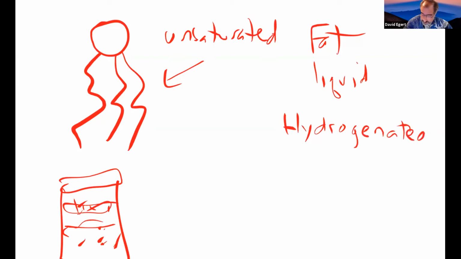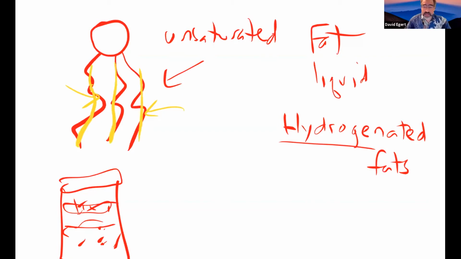So hydrogenated fats, that means slapping hydrogen groups onto the tails. So adding in extra hydrogens, so that is going to straighten the tails out more, and this is going to make this thing not as liquidy.